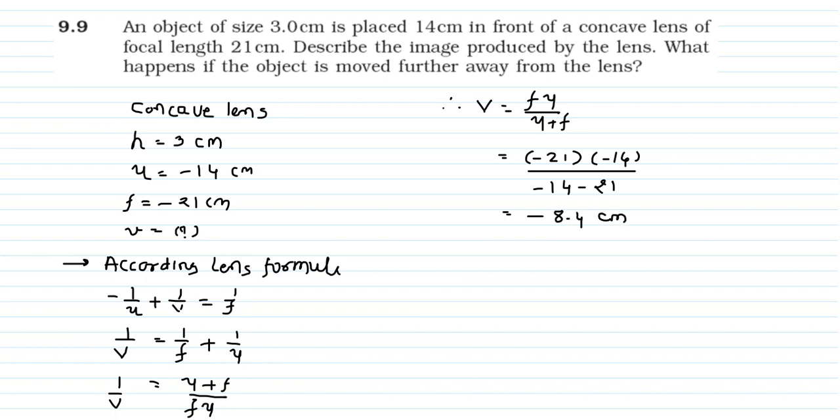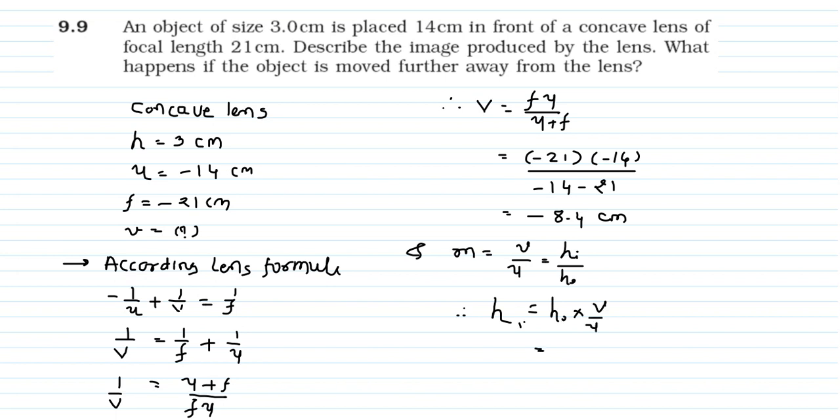Okay, and magnification m is equal to v upon u, that is hi upon ho. Therefore hi is equal to ho into v upon u.